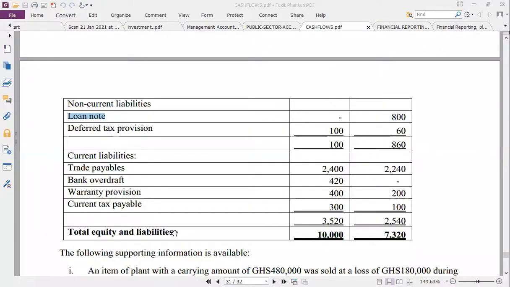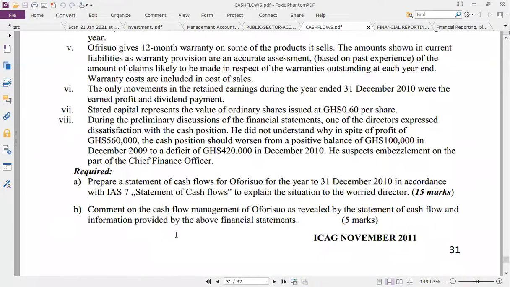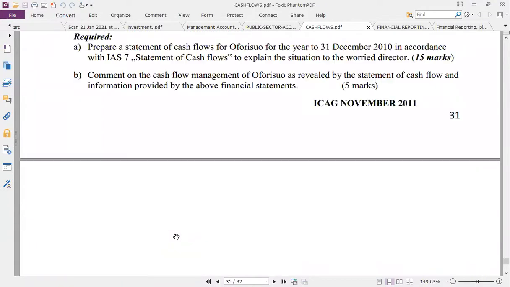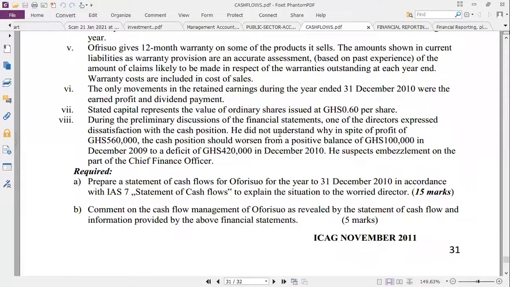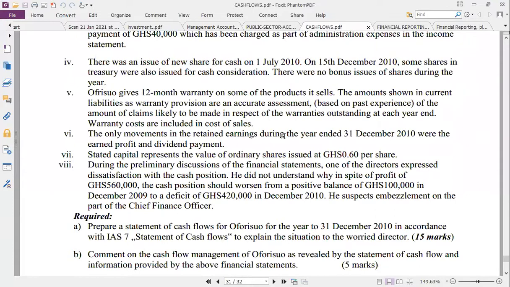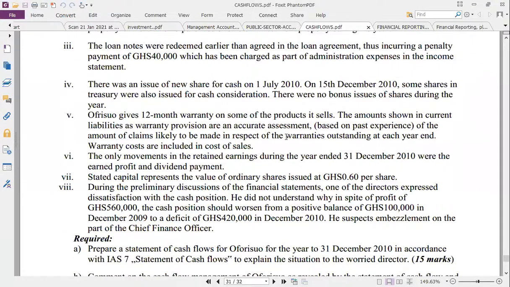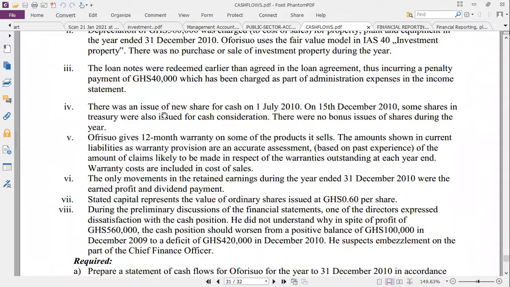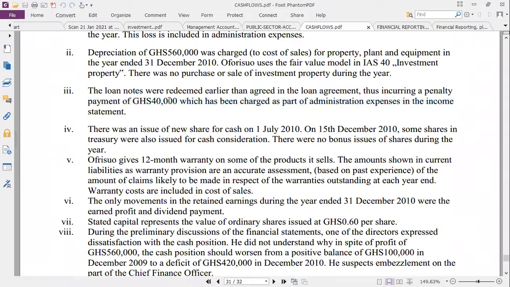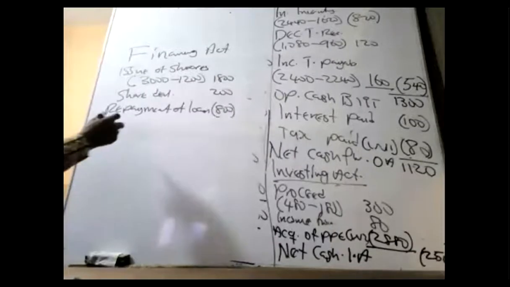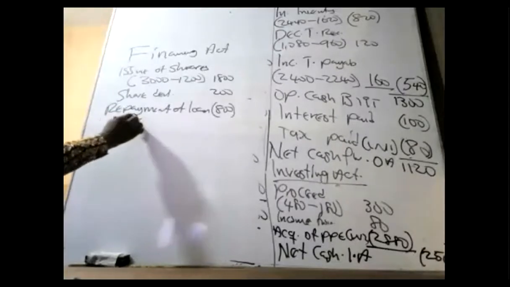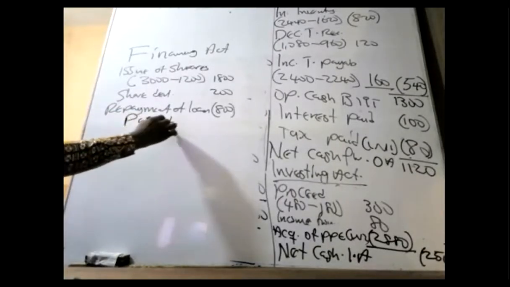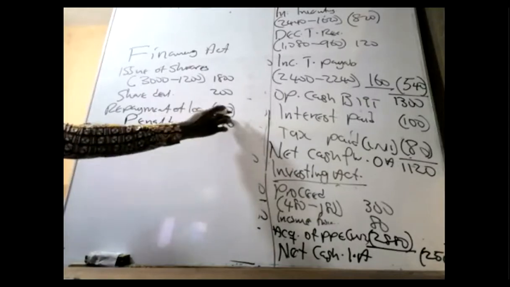There's another item, the 40 that was added to admin, which is supposed to be a finance cost, a financing activity.